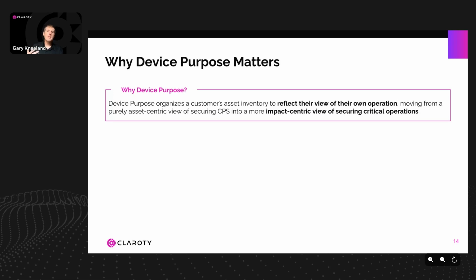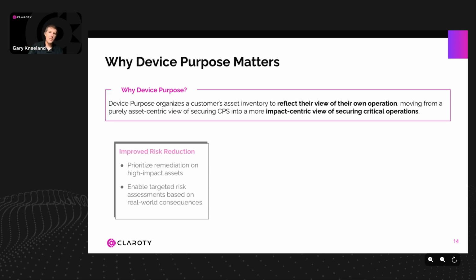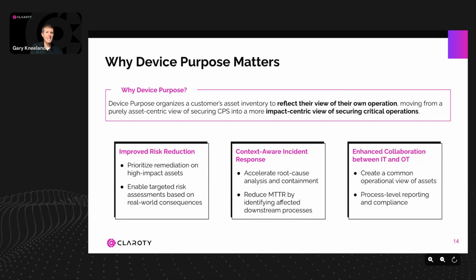So why are we doing this? Well, we want to start reflecting the actual operation of a customer's environment and move into this more impact-centric view of securing these operations. So what does it get us as we start implementing it? First, we get improved risk reduction, right? When we can decide on risk reduction based on criticality, we can prioritize our most critical assets first, which moves the needle much, much more.